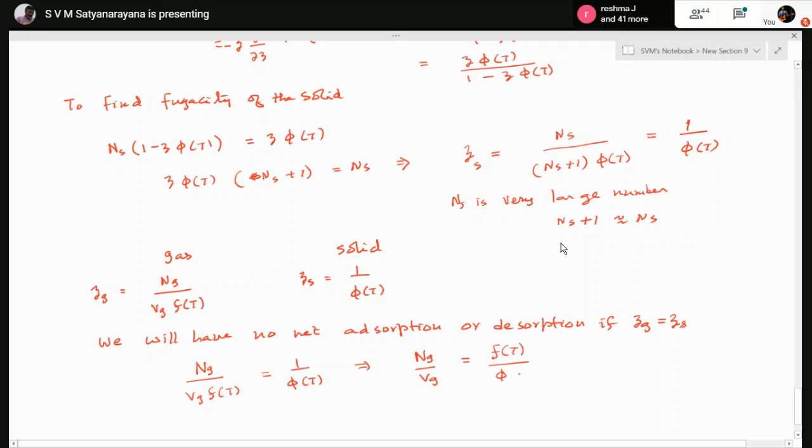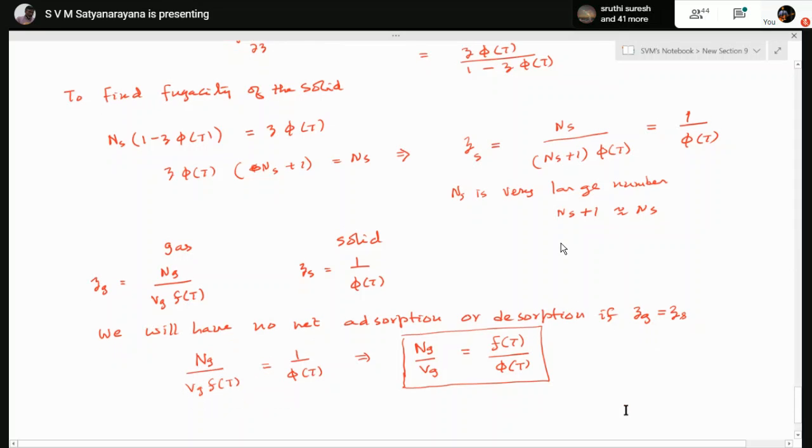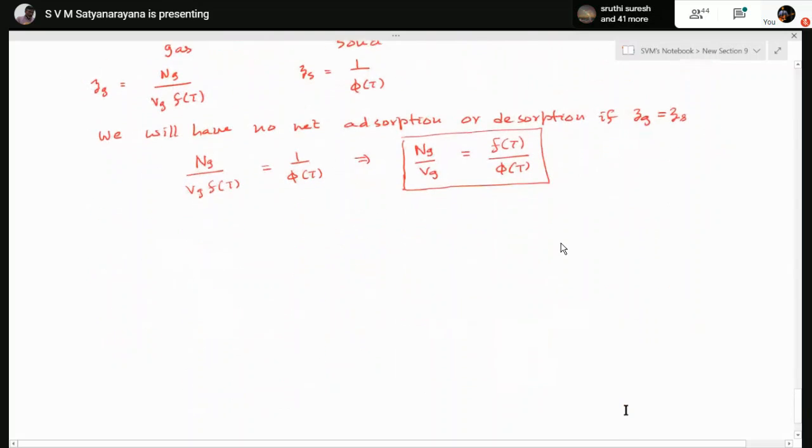Now the right-hand side is some function of temperature. This left side is the gas density. Suppose you fix the temperature.